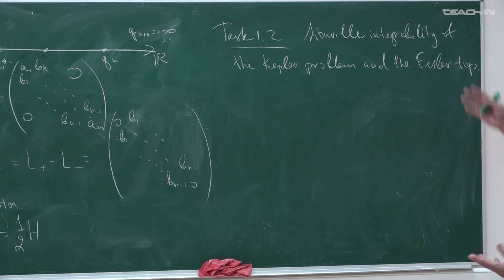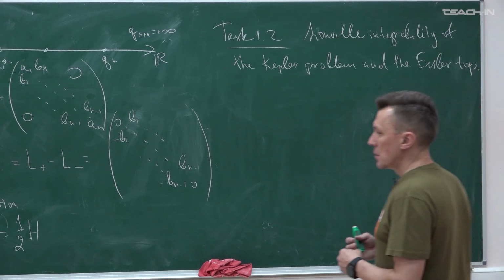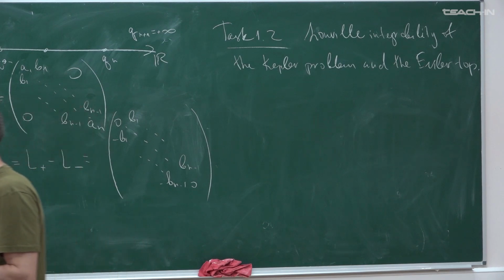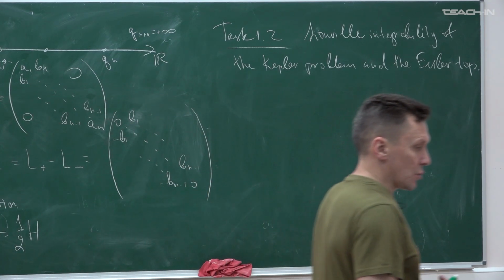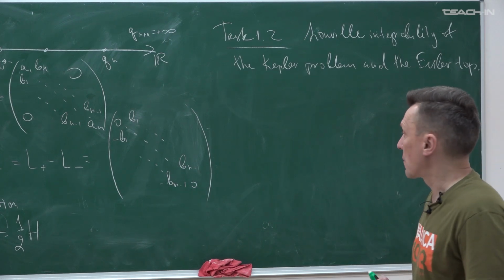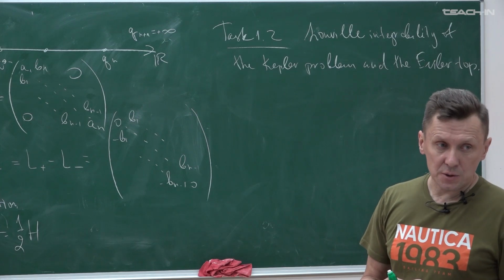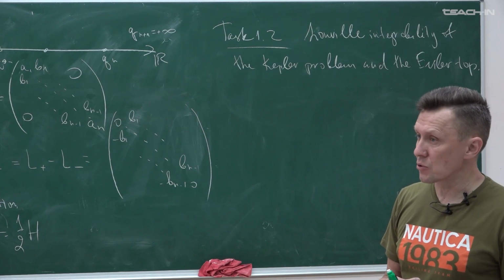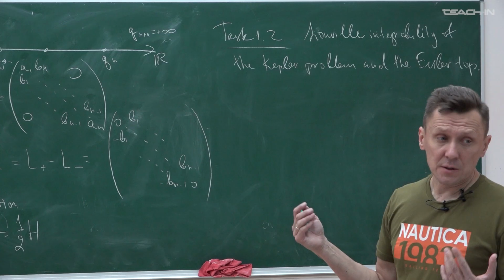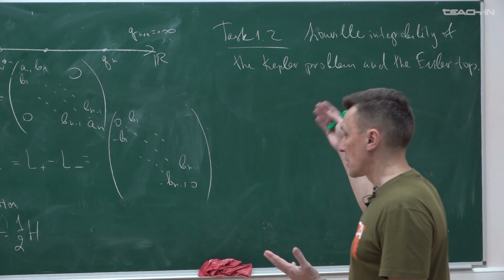Maybe let us start with the Kepler problem. Do you remember the definition of the system, the definition of some integrals? We have found integrals which are just the angular momentum vector. So it has 3 components.